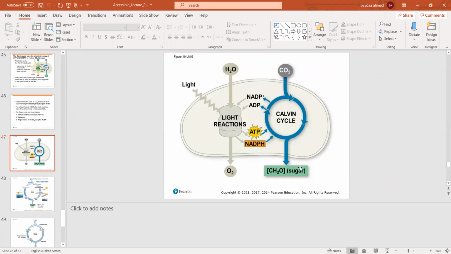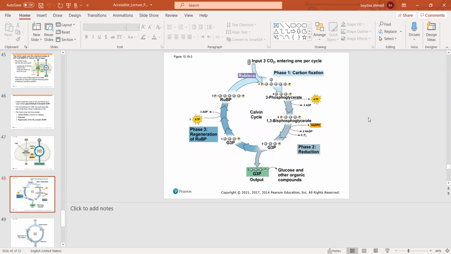For net synthesis of one glyceraldehyde 3-phosphate, the cycle must take place 3 times, fixing 3 molecules of carbon dioxide, one for each turn of the cycle. The Calvin cycle has 3 phases, as I said before: carbon fixation, reduction, and regeneration of ribulose bisphosphate.